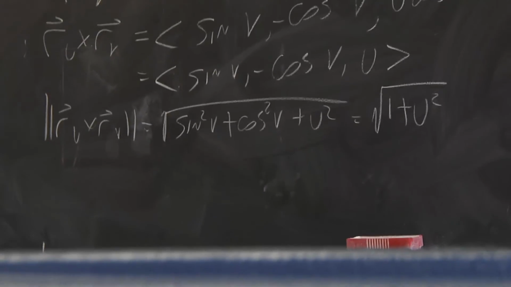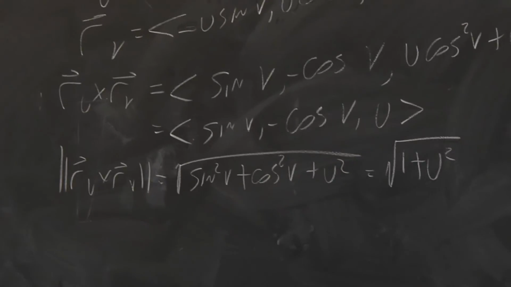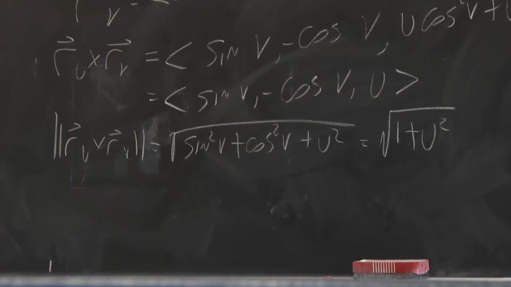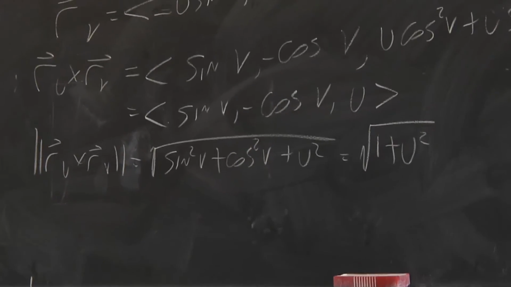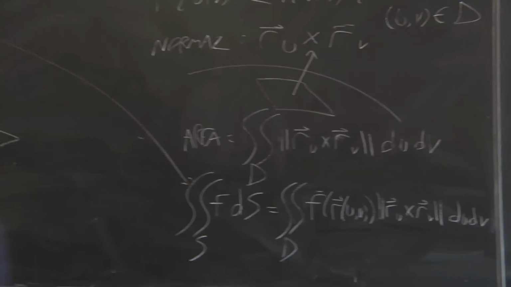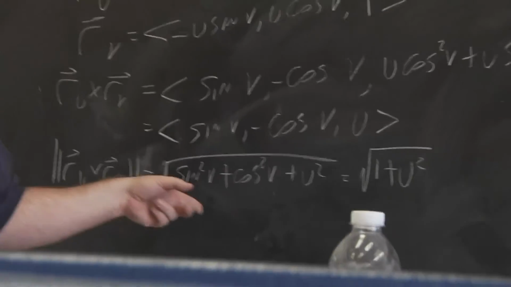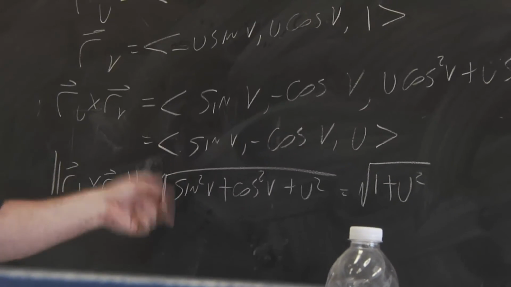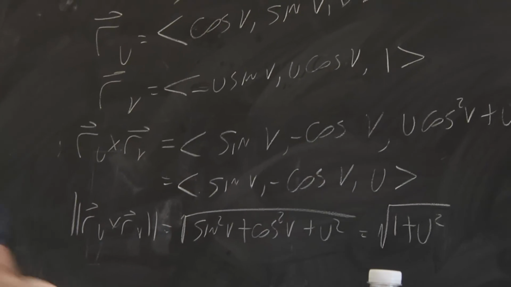Okay. See, that's one of the things that the books don't tell you. That when you have an integral like this, it involves the magnitude of a vector, we're going to be taking the square root. It is really, really easy to come up with a problem that would be impossible to do.